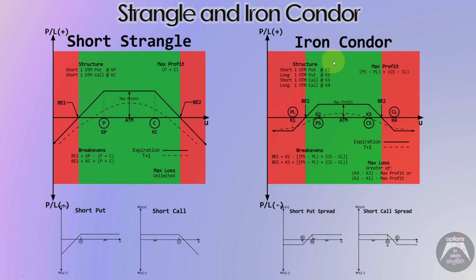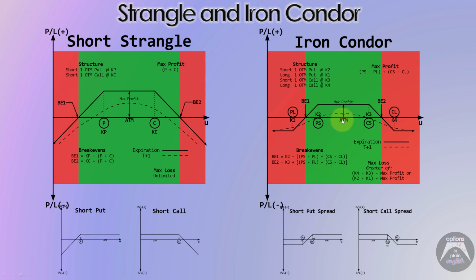In the case of an Iron Condor, because you have both shorts and longs on both sides, those Greeks are not as big because you are offsetting them with their long counterparts, even though they are at a higher strike price in the case of the call and at a lower strike price in the case of the put. They're still affecting the overall Greeks of the whole position. So a Strangle has larger Greeks overall than an Iron Condor.